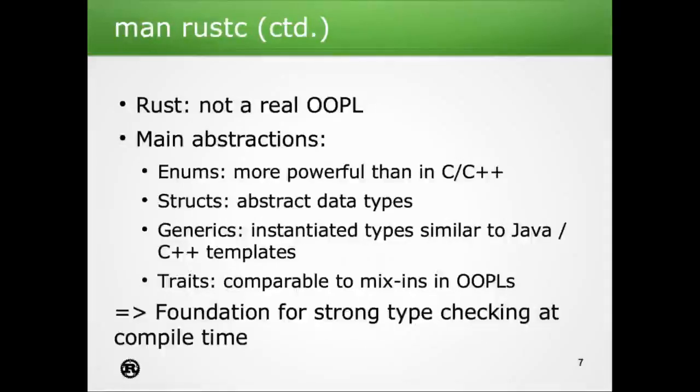Some other characteristics of Rust. It's not a real object-oriented programming language, in contrast to, say, Python, Java, CLOS of olden days, as in the commonest object system, or maybe even Kotlin for the hipsters among us, or Scala, of course, yes.